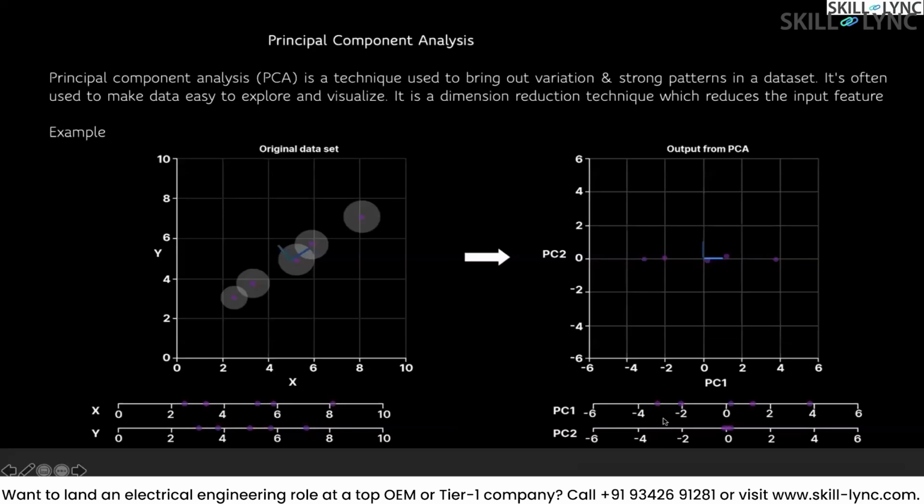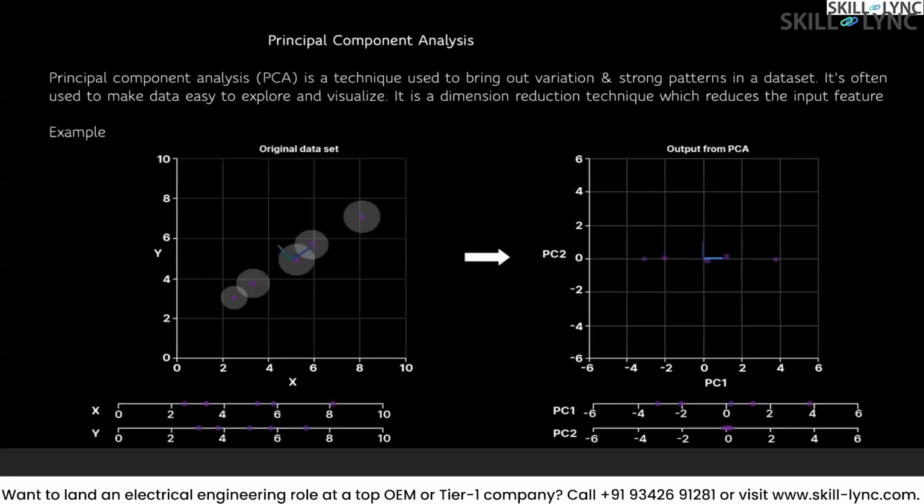But when we are accounting for PC2 in our analysis, then the whole essence of PC1 and PC2 is gone, because originally we have two inputs. Now again, I'm converting that into PC1 and PC2, and then I'm using PC1 and PC2. So there is no advantage, right? It's like I'm doing some extra work here. So this principal component analysis can only be used when you have a very large number of features.